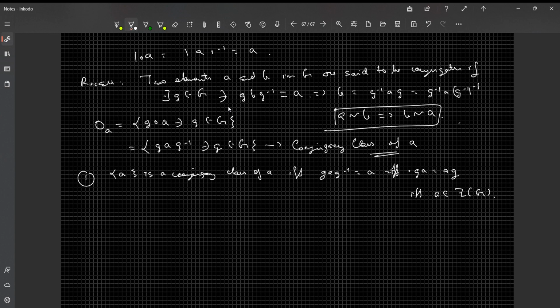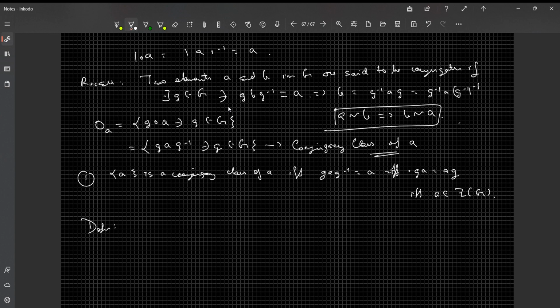Now, as we defined the conjugacy of two elements, we can also define the conjugacy of two sets, because the elements of the form gAg⁻¹ are well defined, as we did in the case of a normalizer, right?